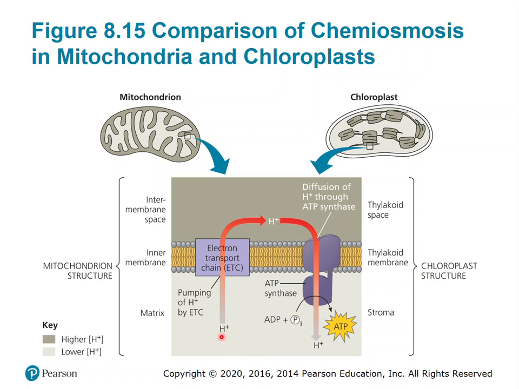The hydrogens in the chloroplast are transported from the stroma, which is the fluid surrounding the thylakoids, into the thylakoid space, creating that hydrogen gradient, and then it runs back through ATP synthase to generate ATP.